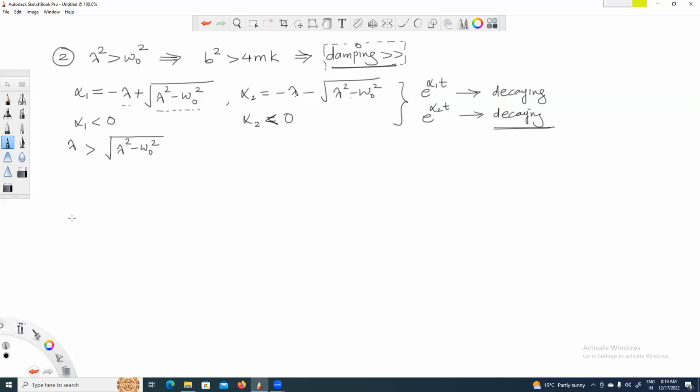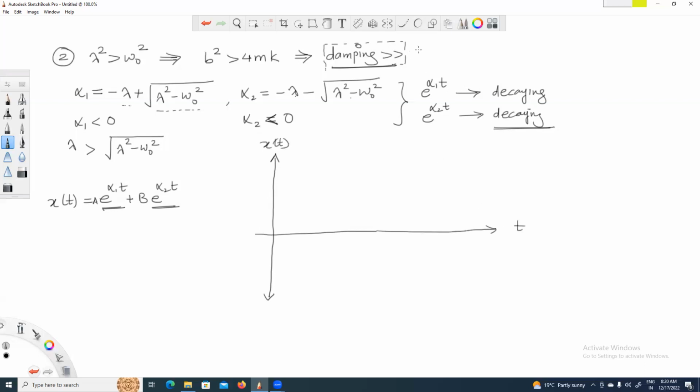Let me call this solution x of t. I'll simply write it as a times e raised to alpha 1 t, with some constant, plus b times e raised to alpha 2 t. Both e raised to alpha 1 t and e raised to alpha 2 t would be decaying in nature. So if I look at the graph of the solution, let's say this is displacement, and this is the time axis.